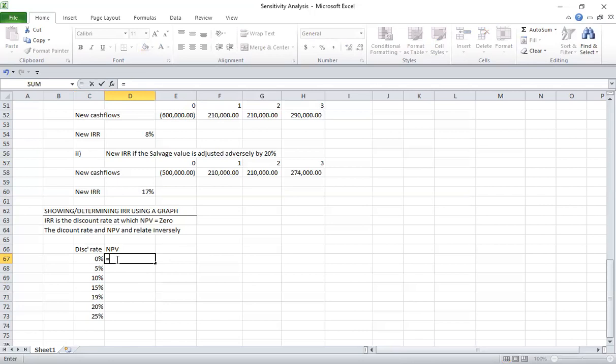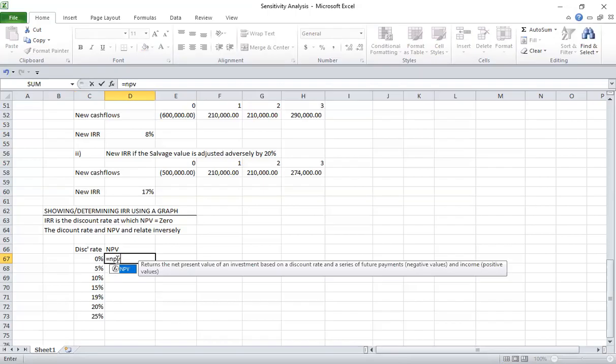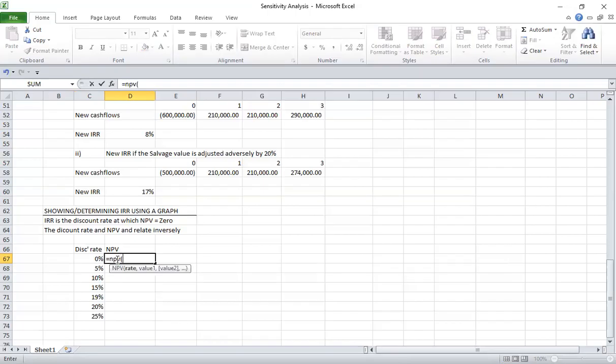So you say equal to NPV in bracket. Now look here, do not type the 0. Pick it directly from this cell, copy from the cell for the 0 directly. And then we comma, comma, comma.